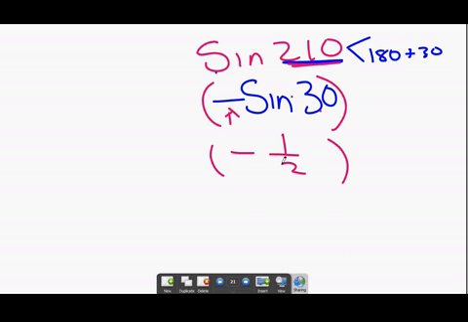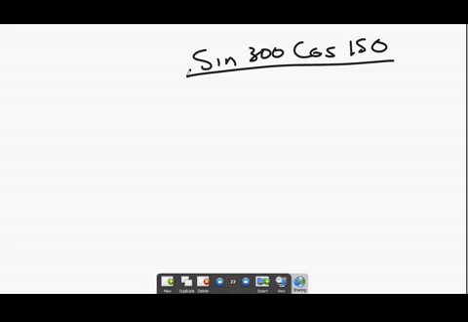Let's now look at a longer question for this particular type of question, and then I'm just going to put a few. Sine 300, cos 150, sine 120, like that.